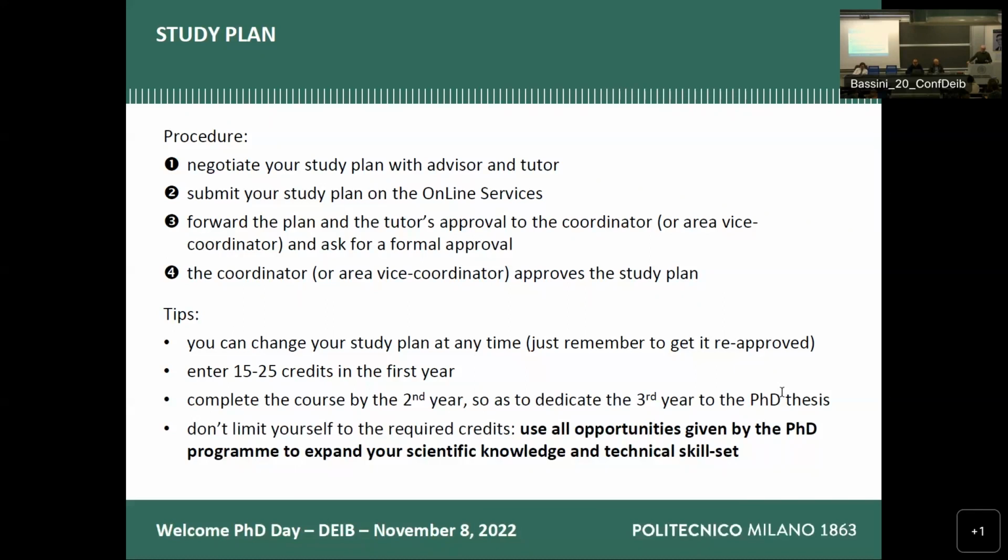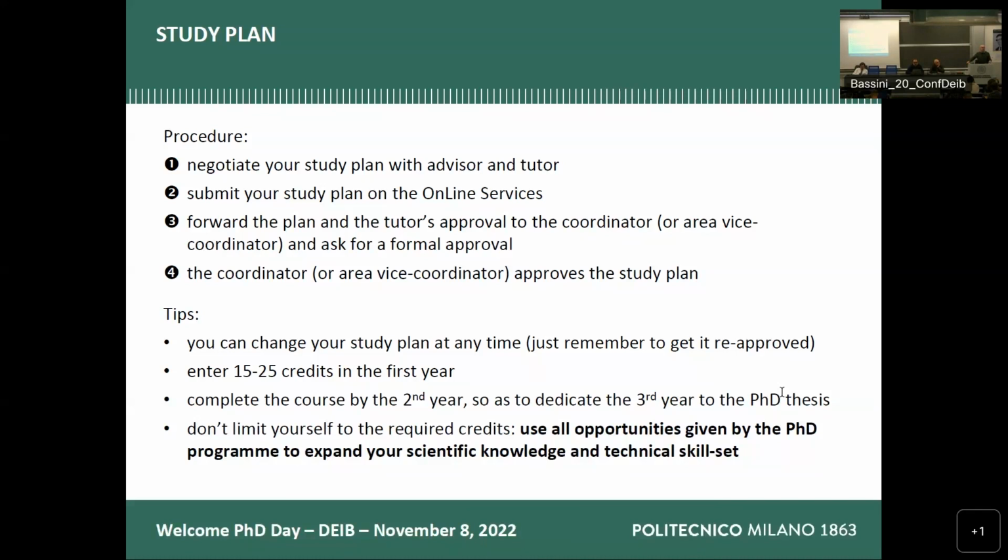And then you have to get approval from the coordinator, or in the case of the PhD in information technology, which has 4 sub-areas, you have to refer to the vice coordinator of the particular area you're working in. The coordinator or the area vice coordinator is the one who formally approves your study plan.